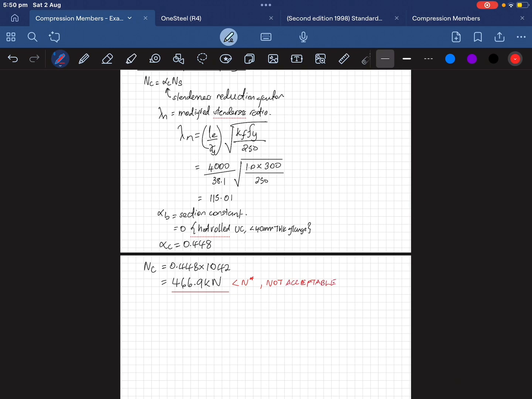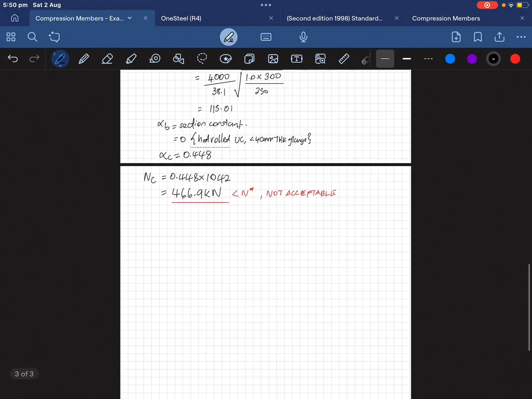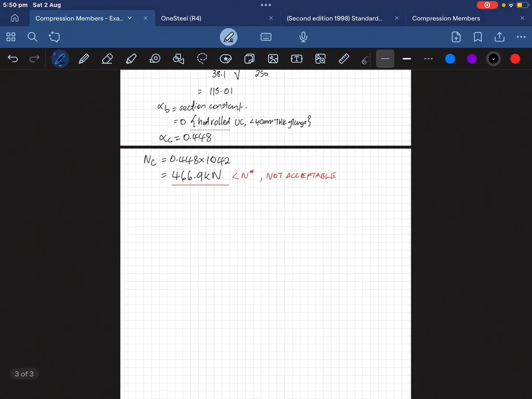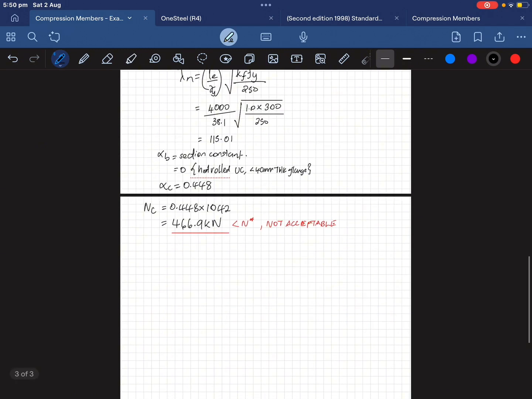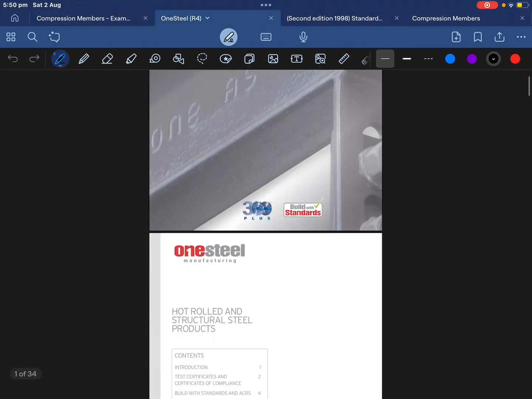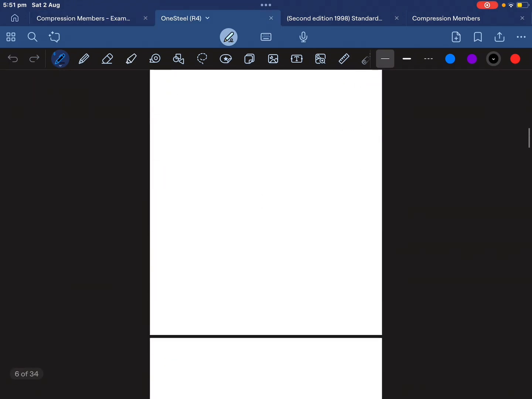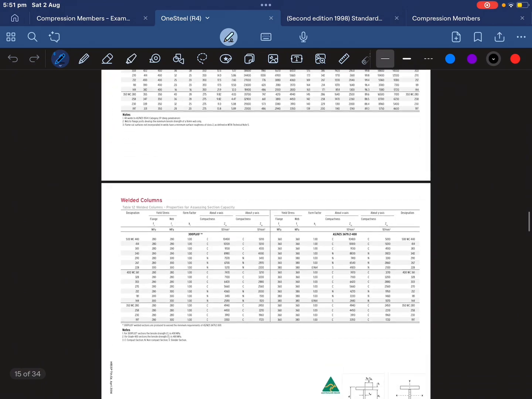So what do you do in this case? You can increase the size of the member, right? That's the first step. That's what we're going to do. Let's backtrack again. Let's look at what members are available to us, what members we can go up to next.